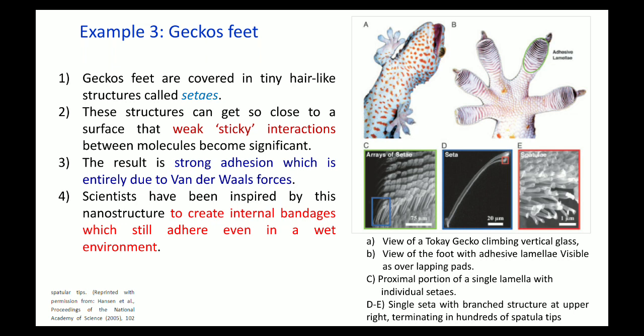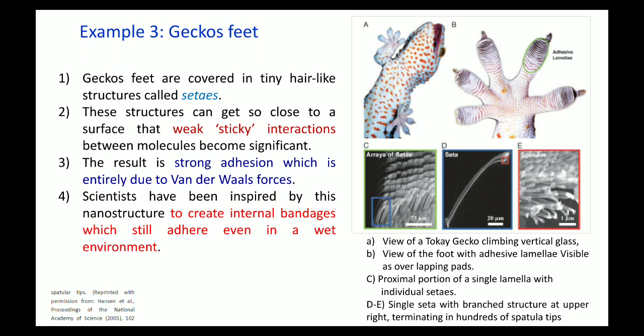These structures can get so close to a surface that weak sticky interactions between molecules become significant. So these spatula tips can interact with the surface of the glass. You can see how small the spatula tip is, and each spatula tip is able to interact with the surface of the glass.